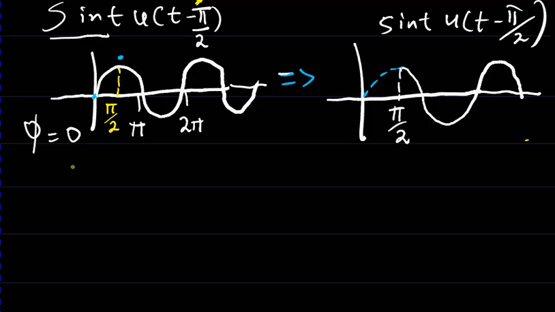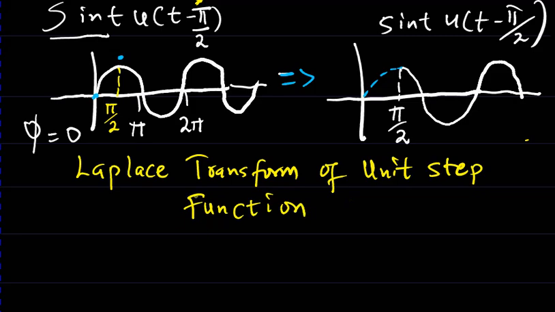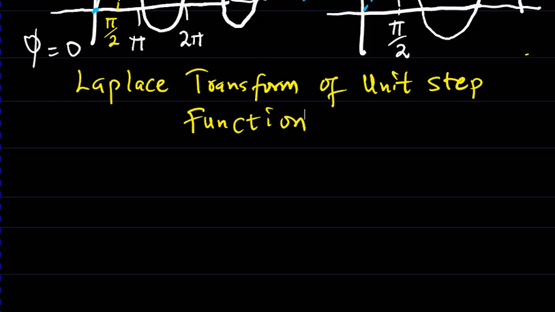So let's look at the Laplace transform of unit step function. Okay, so what is the Laplace transform of a unit step function? Now picture the Laplace transform of a unit step function, that is L of u of t minus c.